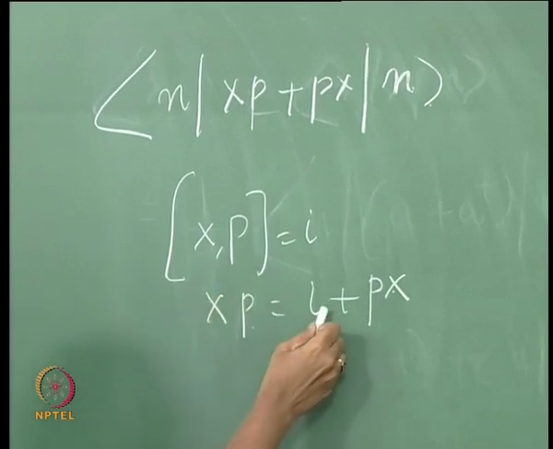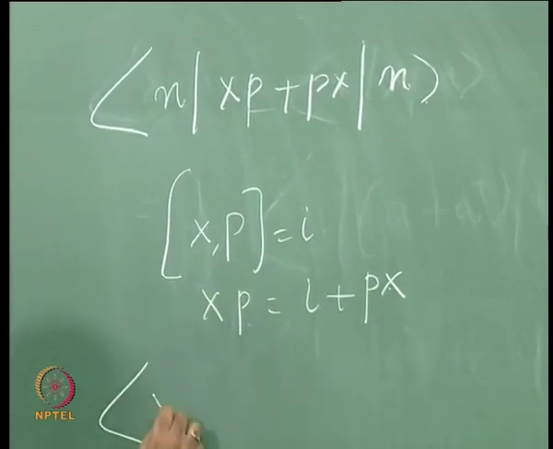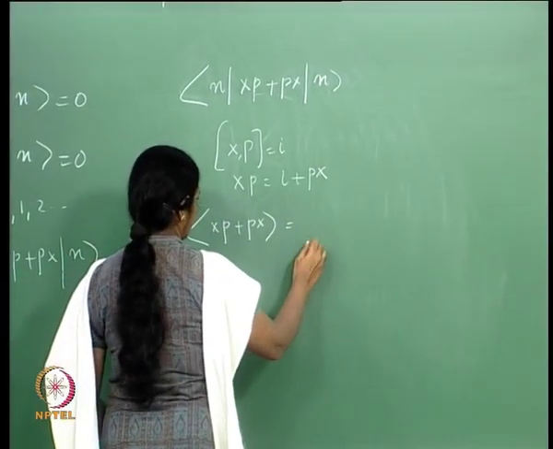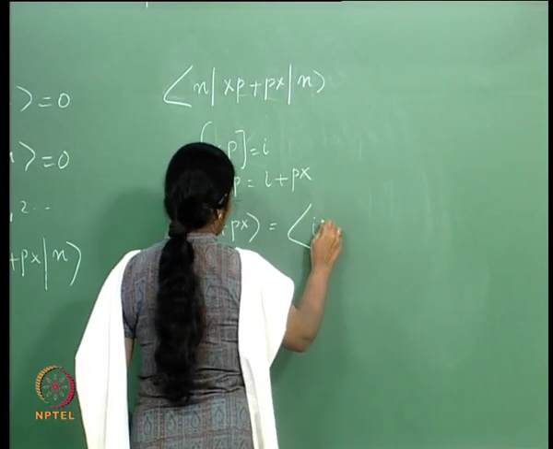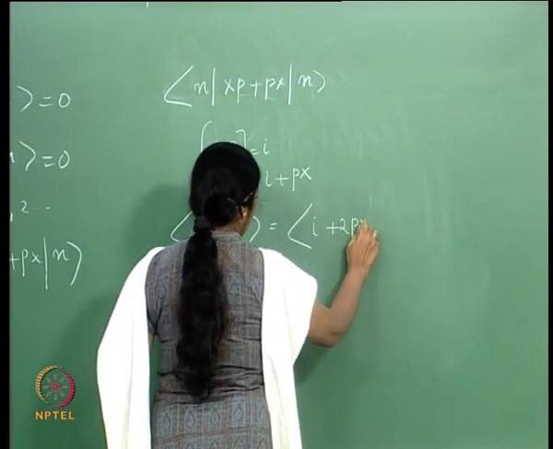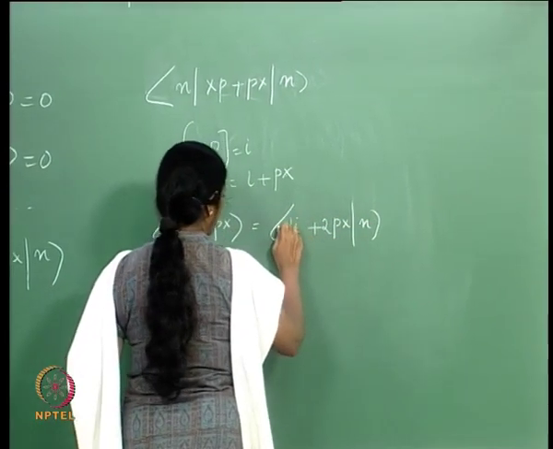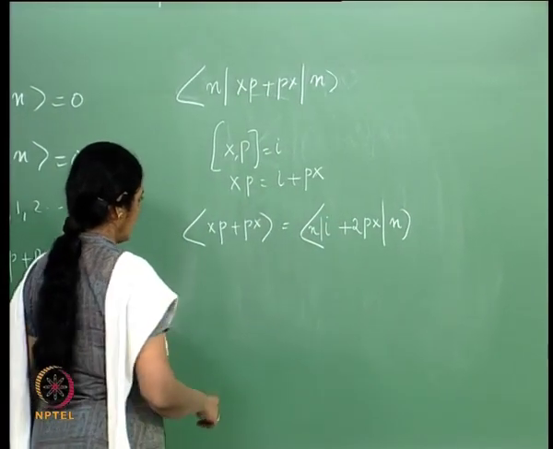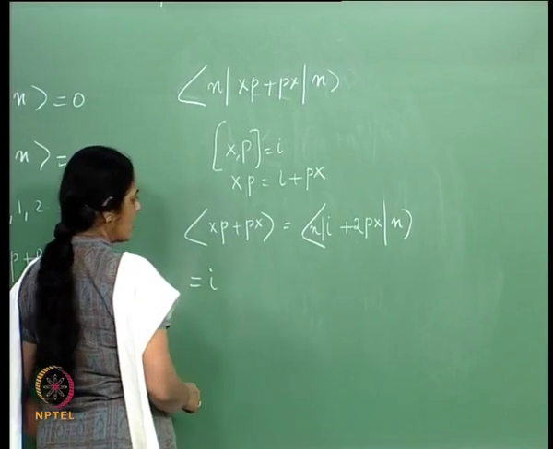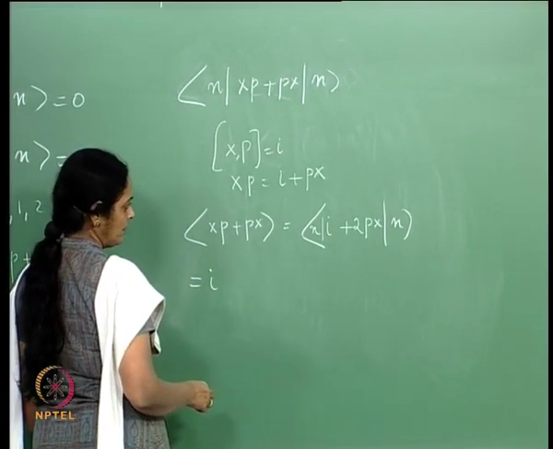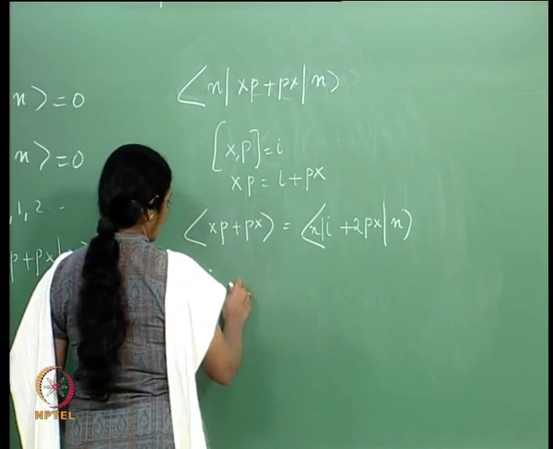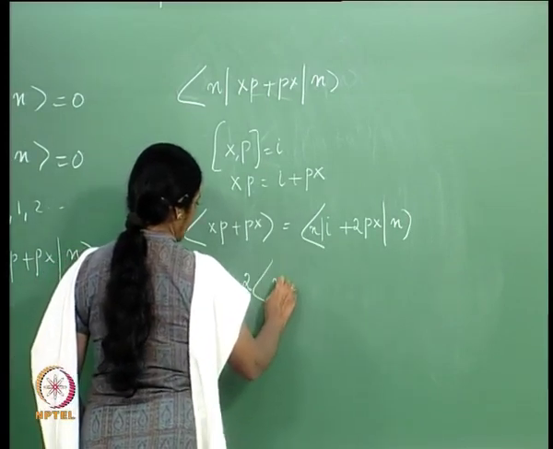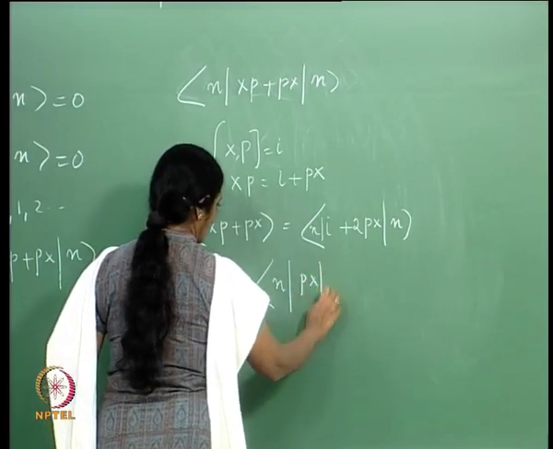So, xp is simply i plus px, and therefore, I can write this as i plus 2px, and I want the expectation value in the state n. The first term simply gives me i. The second term is really this.